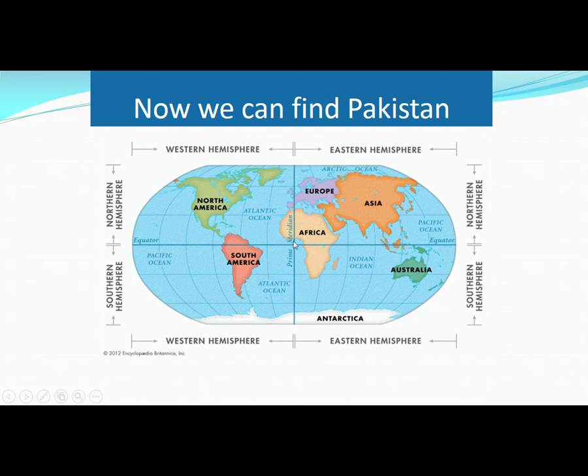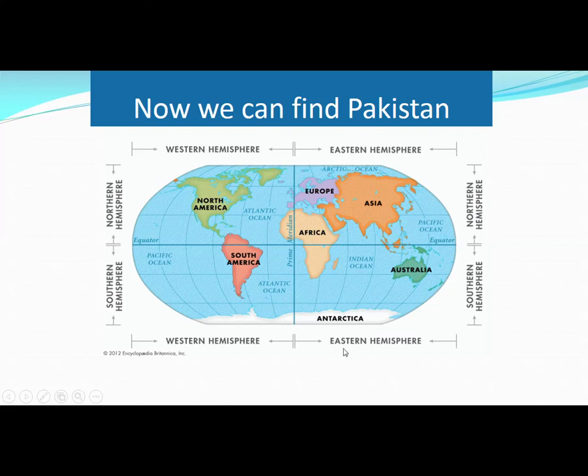You can see these two lines which divide the earth: prime meridian and equator. Australia lies in the southern hemisphere and in the eastern hemisphere. Southeastern we can say, and this is northeastern. This one is northwest and southwest.